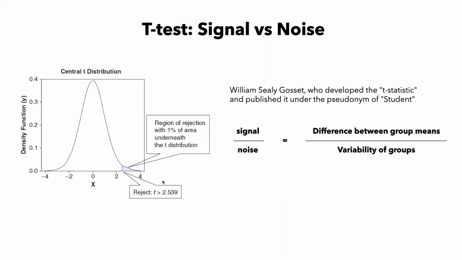And by looking at the difference between signal and noise, or the difference between group means and the variability within each group, we can use this formula, this test, to select the non-random observations.